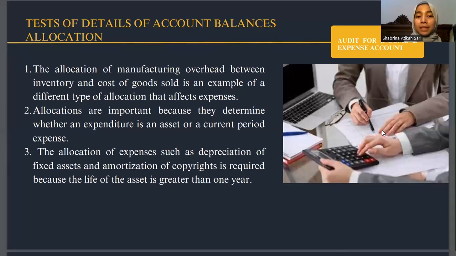This might include verifying depreciation expense as a part of the audit of property, plant, and equipment. Next, testing amortization of patents as a part of verifying new patents and the disposal of existing ones. And the last, verifying allocation between inventory and cost of goods sold as a part of the audit of inventory.